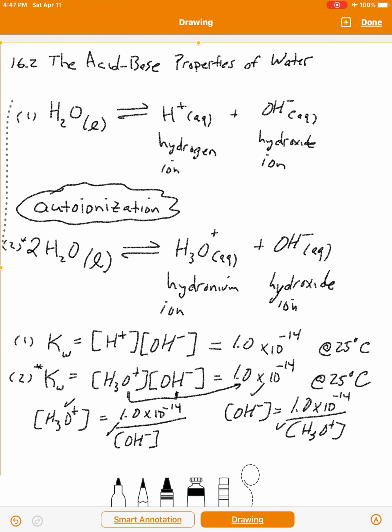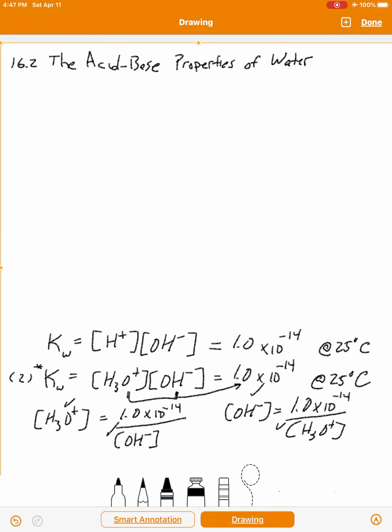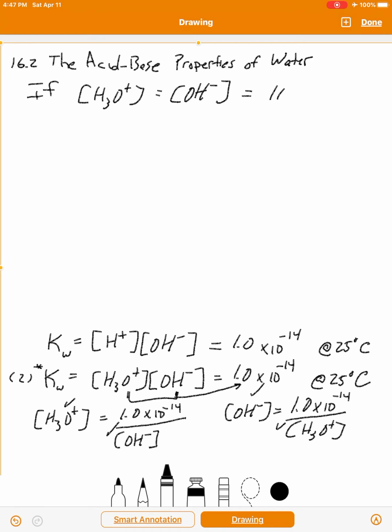And I'm going to go through some convention here, terminology, and that is if these two concentrations are equal, they would be 10 to the minus 7. And the reason for that is the only way to get this equal to that and the product equal 10 to the minus 14 is if they're both equal to that.